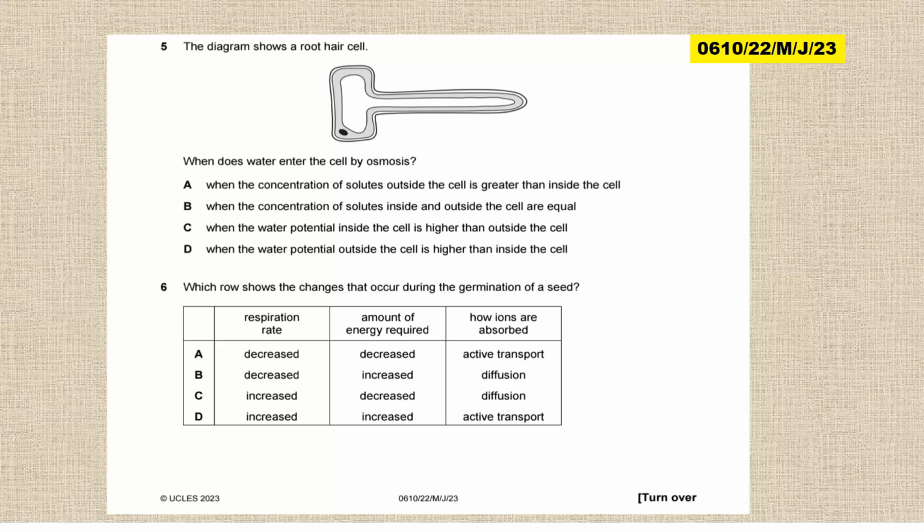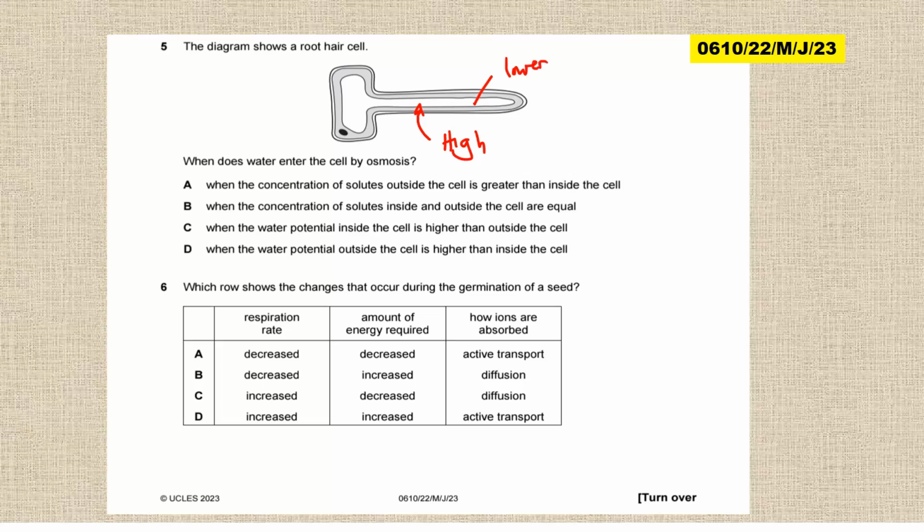The diagram below shows the root hair cell. So this is paper 2, variant 2, May/June 2023. When does water enter the cell by osmosis? Water can only enter the cell by osmosis if outside you have high water potential, then inside you have low water potential.